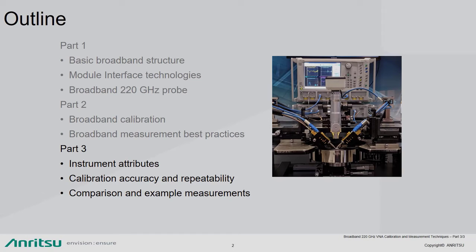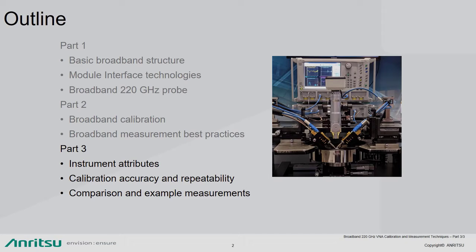So for this final part, we'll start off by first describing some of the important instrument attributes that contribute directly to the accuracy and stability of a broadband system. So beyond things like raw directivity that we described in the first part, we'll now start to show some of the examples of actual instrument performance.